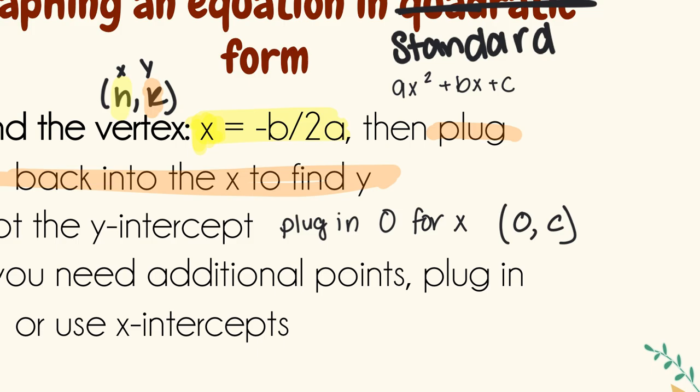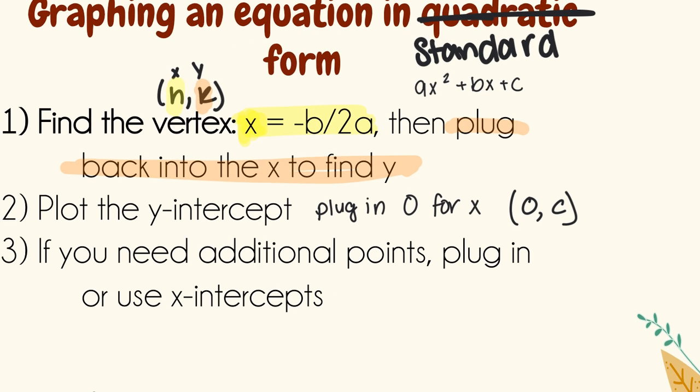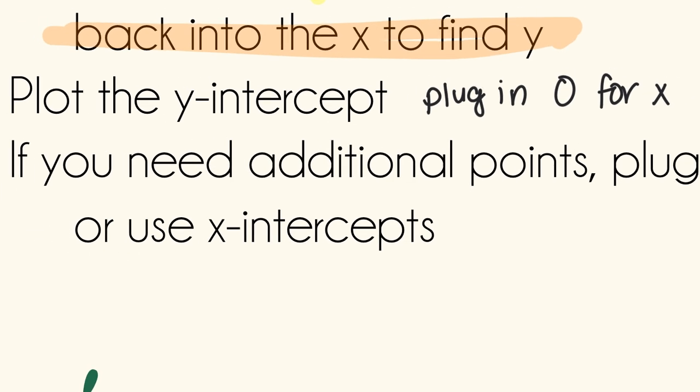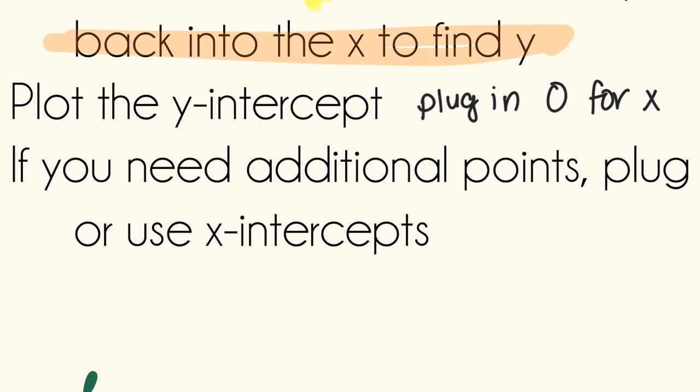Looking at the next one, if you need additional points, which you may not need additional points, but you will have to answer your x-intercepts, what you're doing is you're setting it equal to 0. You're taking your entire function and you're setting it equal to 0.